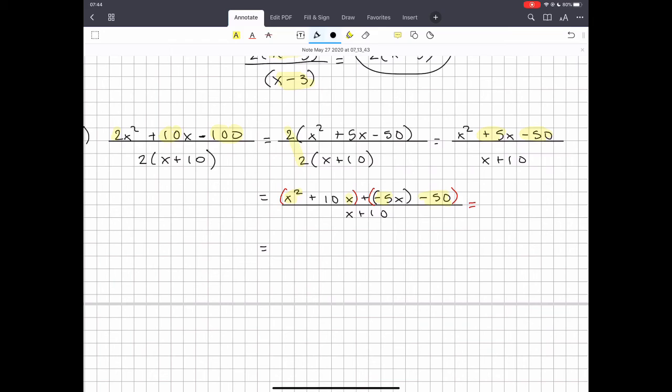And I'm left with x times the quantity of x plus 10 minus 5 times the quantity of x plus 10, all of which is divided by x plus 10.